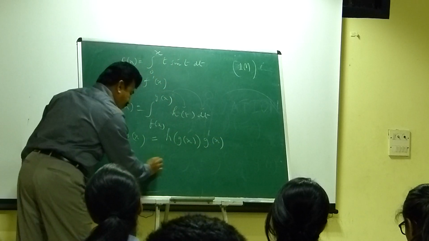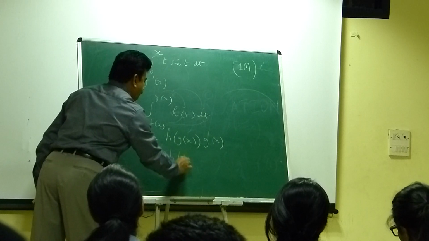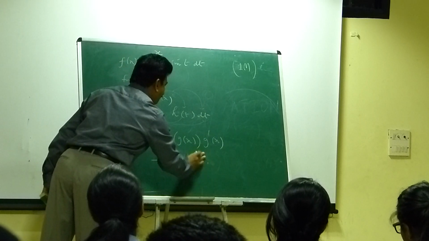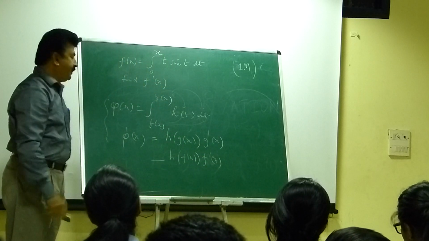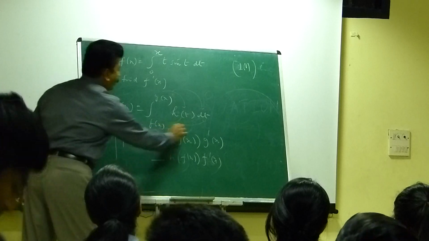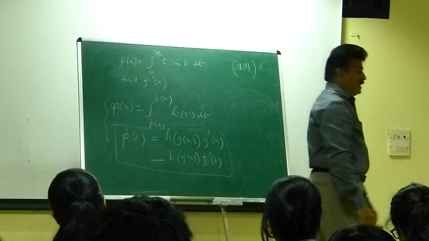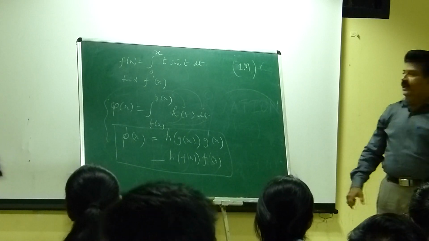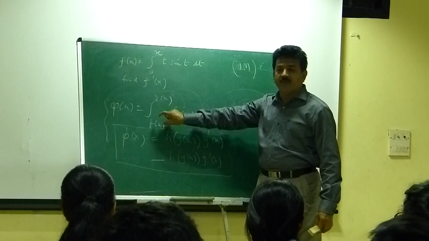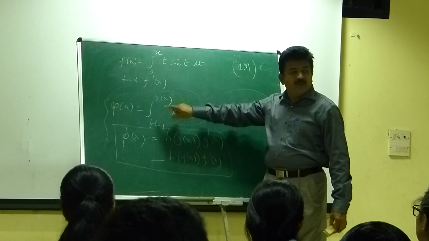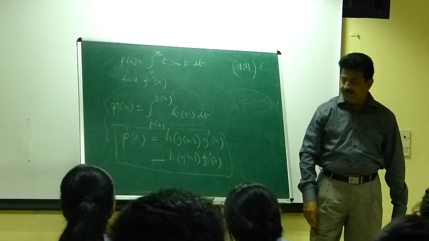And subtract the lower limit substitution, followed by f dash of x. This is what you can do directly to get the derivative when the function is the integral of some function of t going from lower limit f1 to upper limit f2.